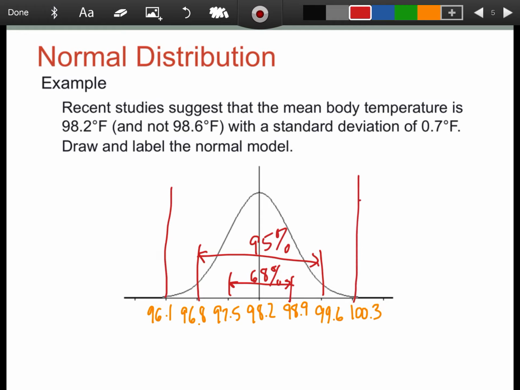And then finally, if I go 3 standard deviations away from the mean, which encompasses 99.7% of people, they have average body temperatures from 96.1 to 100.3 degrees. So there are some people that have average temperatures around 96 or around 100, but most people are right around the average, around 98.2.